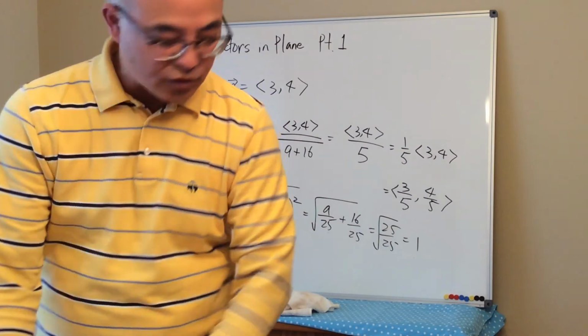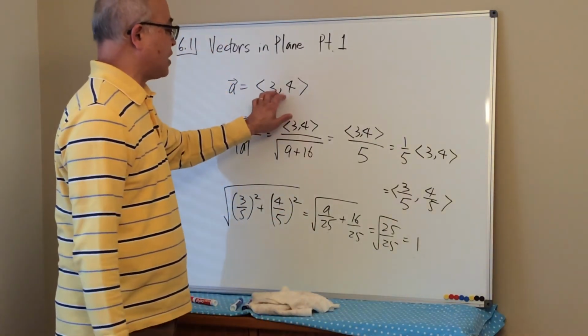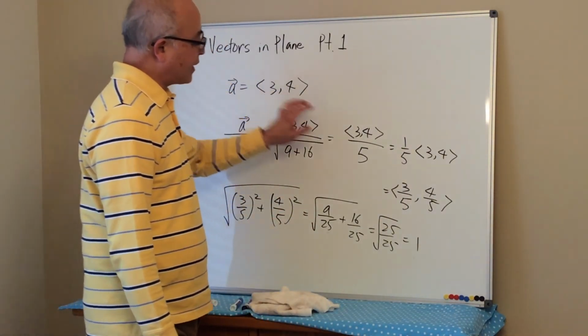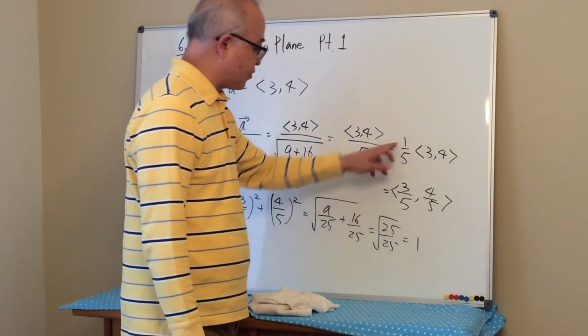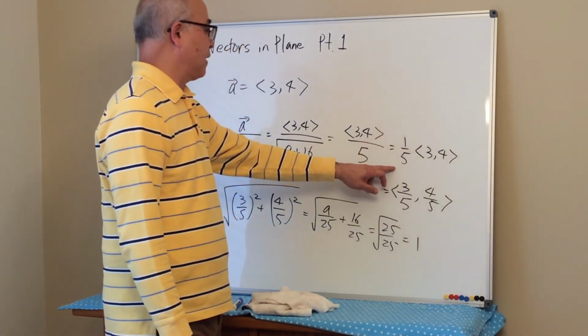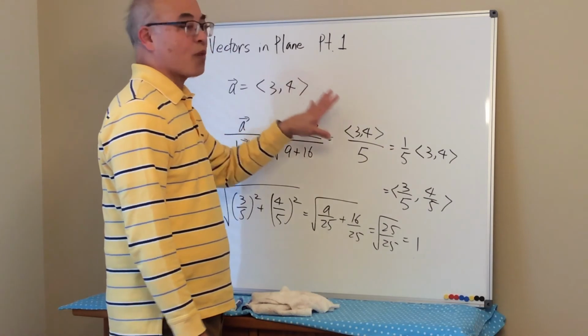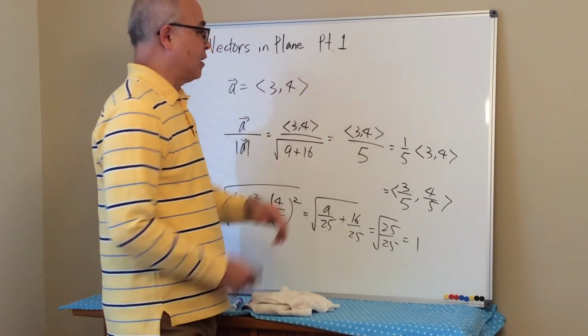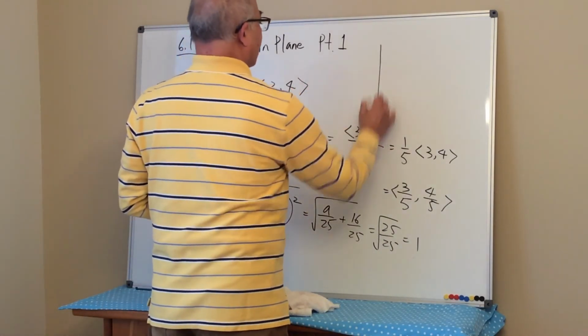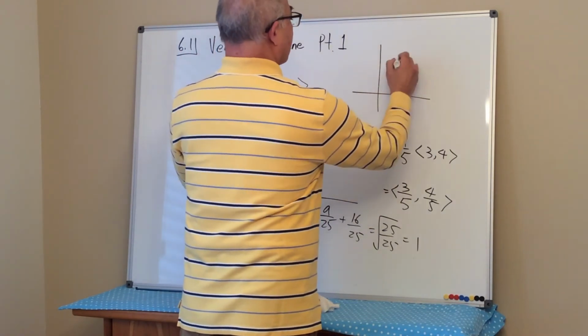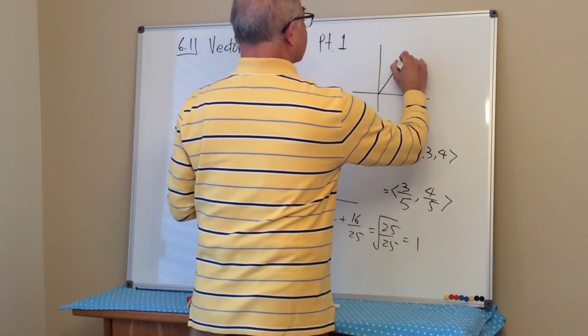What basically happens is I multiply this by 1/5. It has the same direction. Initially I started with a vector that was (3, 4), which is the vector I started with.